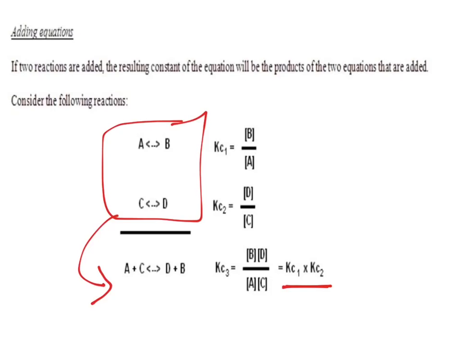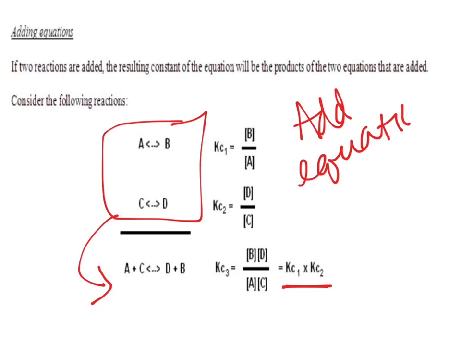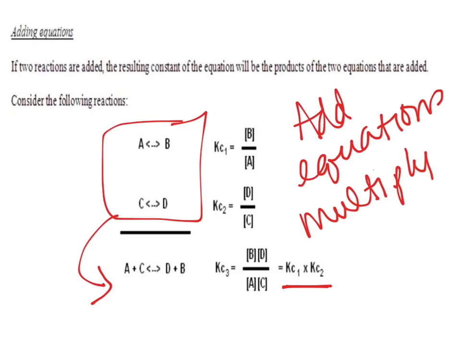They're now multiplying. So when we add equations together, we multiply the Kcs. Does that make sense?